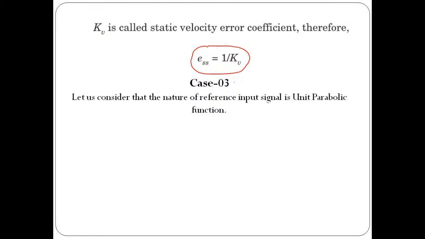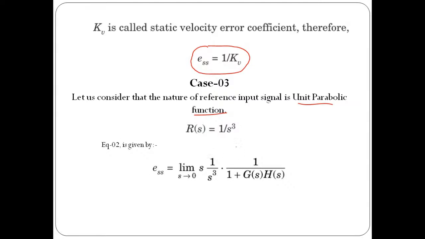In the same way, suppose you take unit parabolic function, then what will happen? R(s) is 1 by s cube. From equation number 2, it will be s into R(s) upon 1 plus G(s) into H(s). So R(s) is 1 by s cube, so this and this will get cancelled.